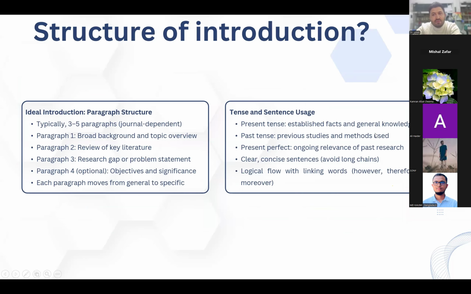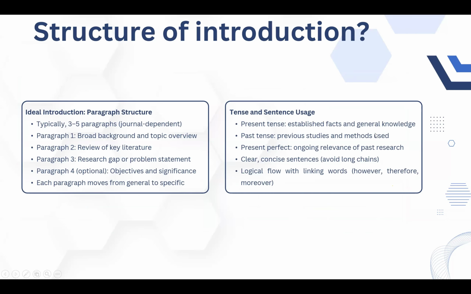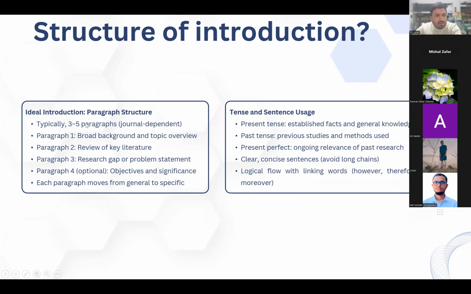What is the structure of the introduction of a research paper? The ideal introduction typically contains 3 to 5 paragraphs, but usually we use 3 to 4 paragraphs because 5 paragraphs are too long.